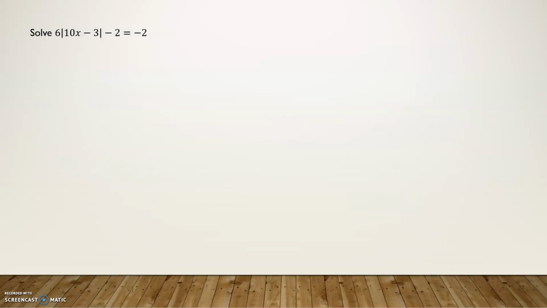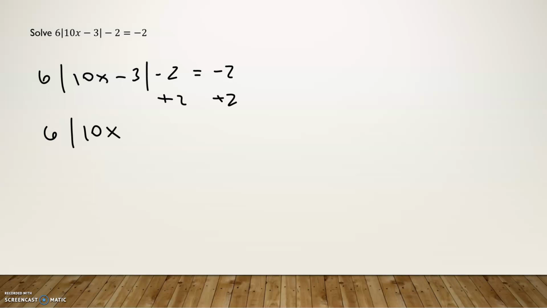Okay, now looking at this one, the first thing I would do is move the -2 over. So I would add 2 to both sides. So 6 times the absolute value of 10x minus 3 is equal to, well, that's just going to be 0 on this side.